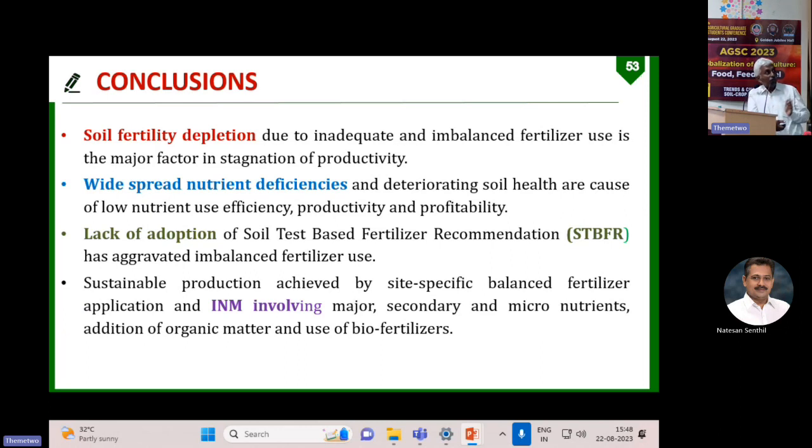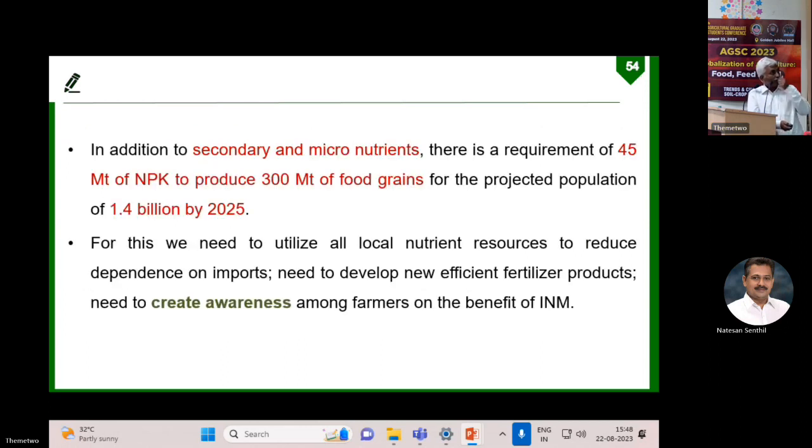We know very well that soil fertility depletion has to be taken care of. Imbalanced fertilizer use is there, and there are widespread nutrient deficiencies. There is a lack of adoption of STCR, and INM is not being practiced. If you go to field conditions, they are not in place.